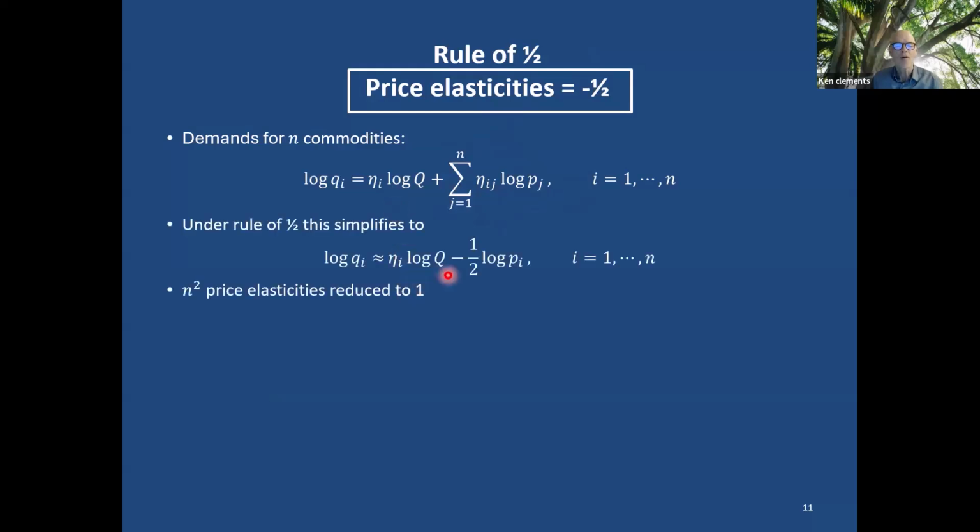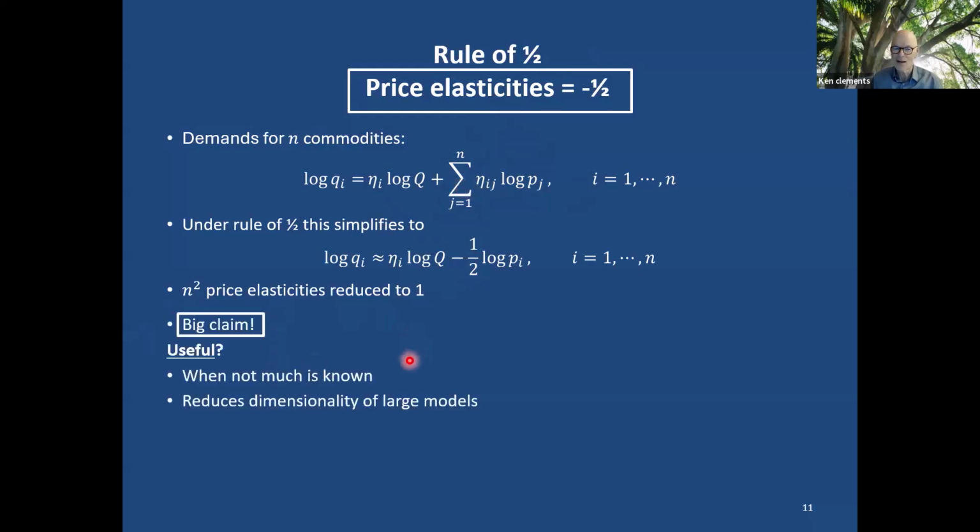Under the rule of 1/2, the substitution term simplifies drastically to just minus a half. So the n squared price elasticities up here reduce to 1. So that's a big claim to be able to actually pull that off. It's useful, however. Well, my brief this morning is to convince you that it's viable under certain circumstances.